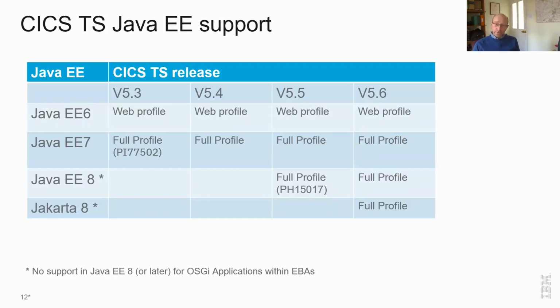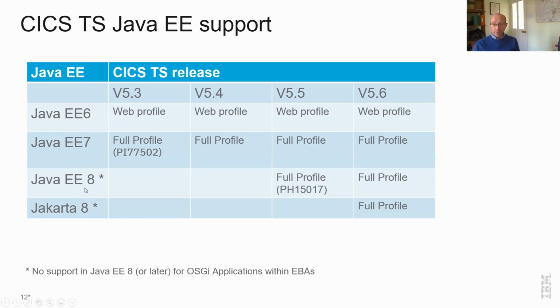So what can you do in the different levels of CICS? So we look at 5.3 onwards, we see we've got web profile available in the early versions with Java EE 6. That continues to be supported. With Java EE 7, we supported full profile through continuous delivery with this APAR available. That came available in 5.3, was available in 5.4 in the base.